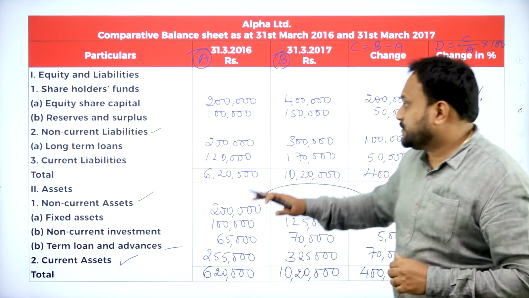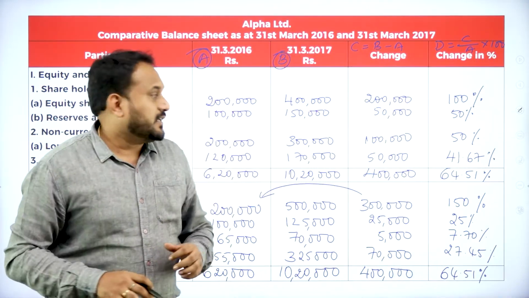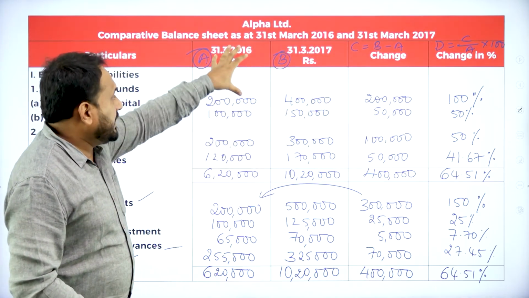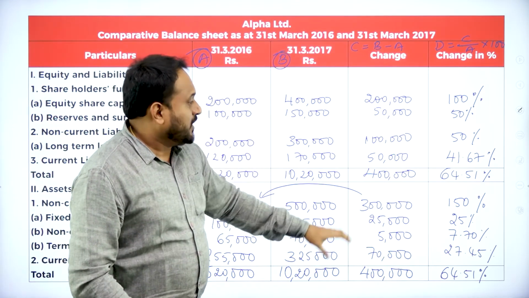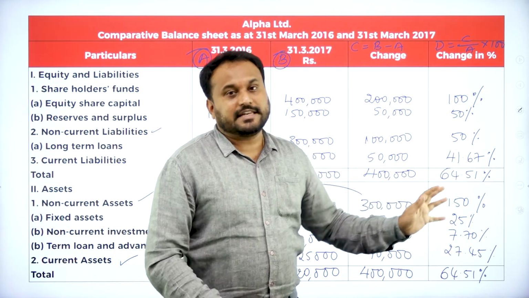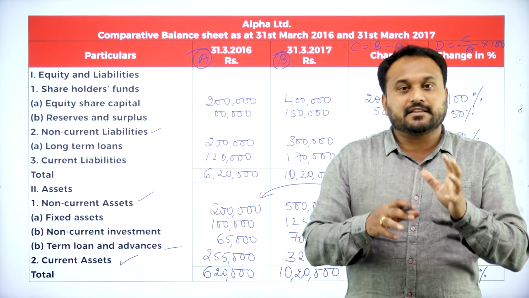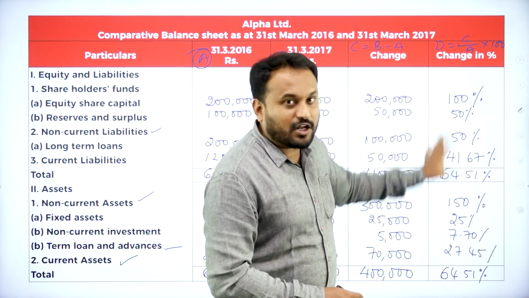For that, see, this is what we got. We have the entire comparative statement here, right? Now in the common size, these two will be the same, only these two will actually change. That is what the common size statement is. Now here I'll delete the last two columns.